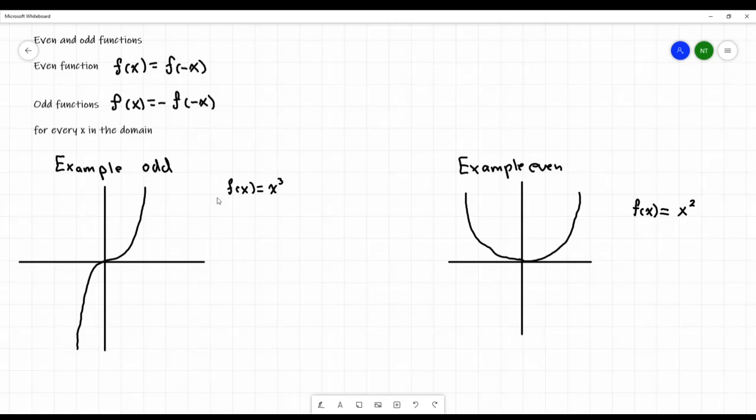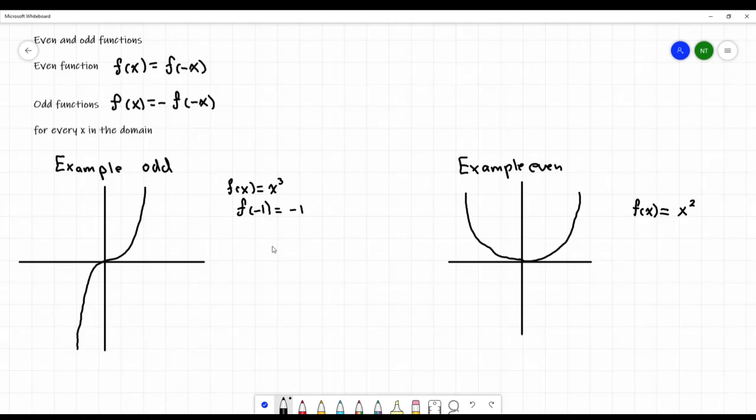Now, if I follow this property and plug in 1 here, because minus minus 1 is 1, so let me start with f of minus 1. f of minus 1 is equal to minus 1 here, right?